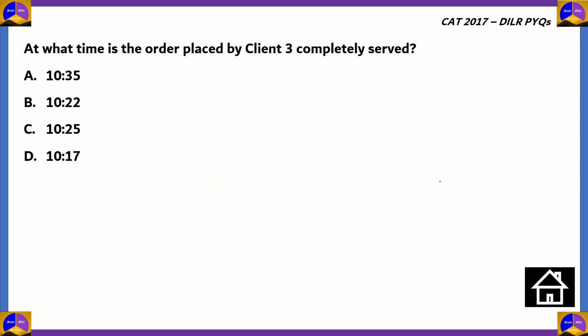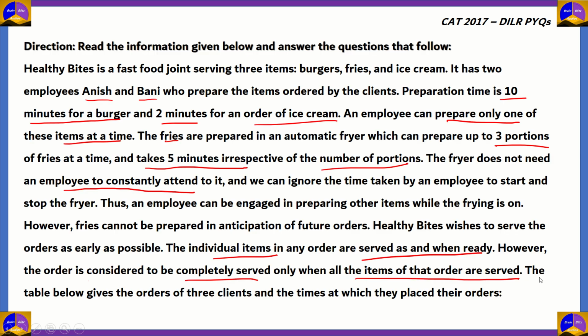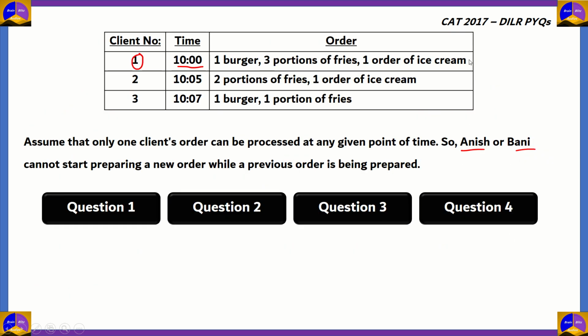Now let's look at another question. At what time is the order placed by client 3 completely served? All right. So we know that client 1 was finished at 10:10. Now remember, clients 2 and 3 put in their orders at 10:05 and 10:07 respectively.